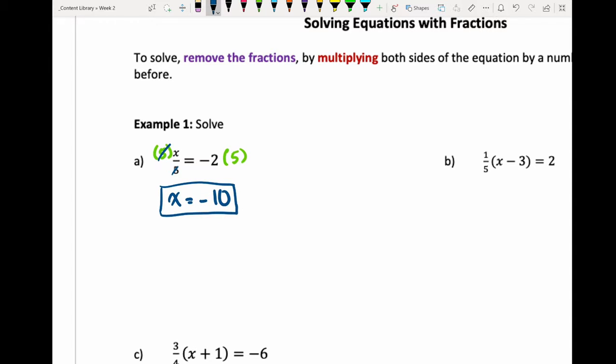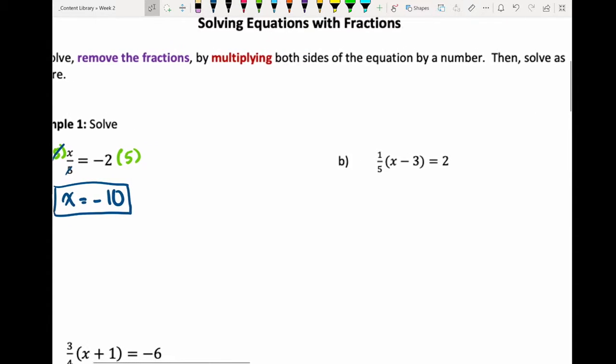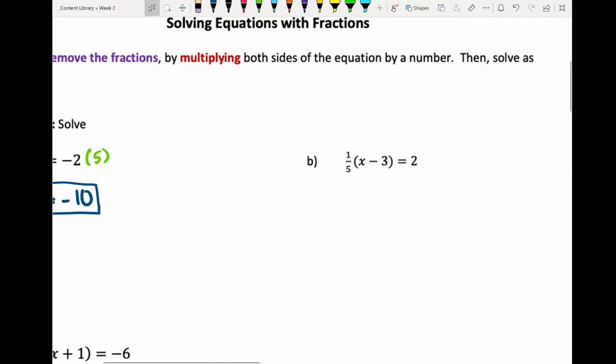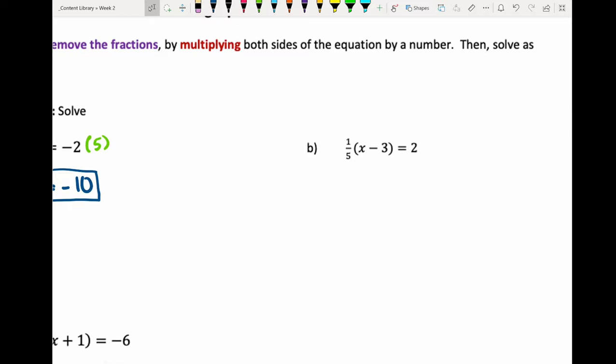So in our simplest case, we're getting rid of that fraction, or that divided by 5, by multiplying by a number, in this case 5. If I look at b, it's a little bit different, but I can change this into something I'm more familiar with. You could think of it as 1 over 5 times this bracket.